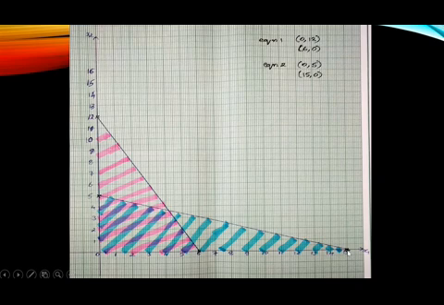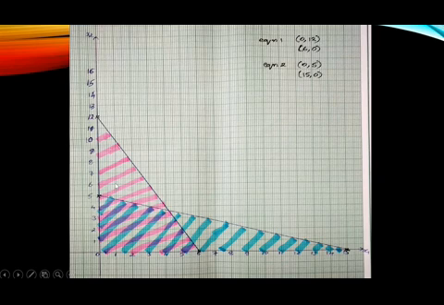Therefore, shade the region below the line. So whatever I have shaded in blue is the feasible region for the second constraint. The pink region is feasible region for first constraint.